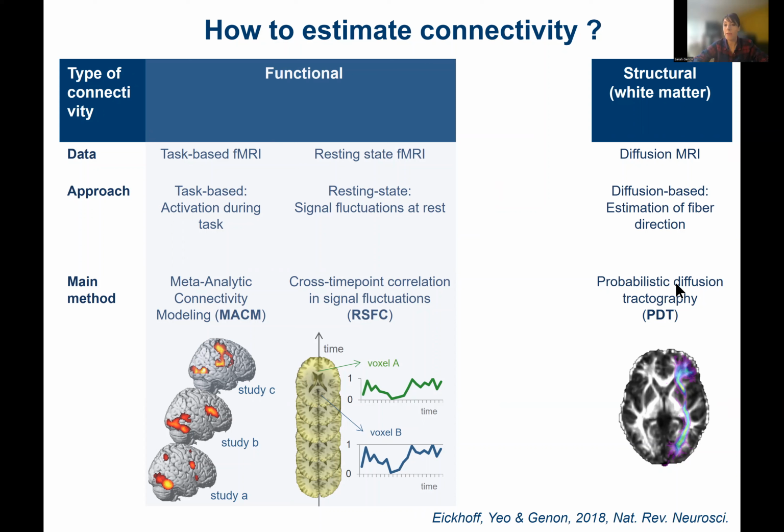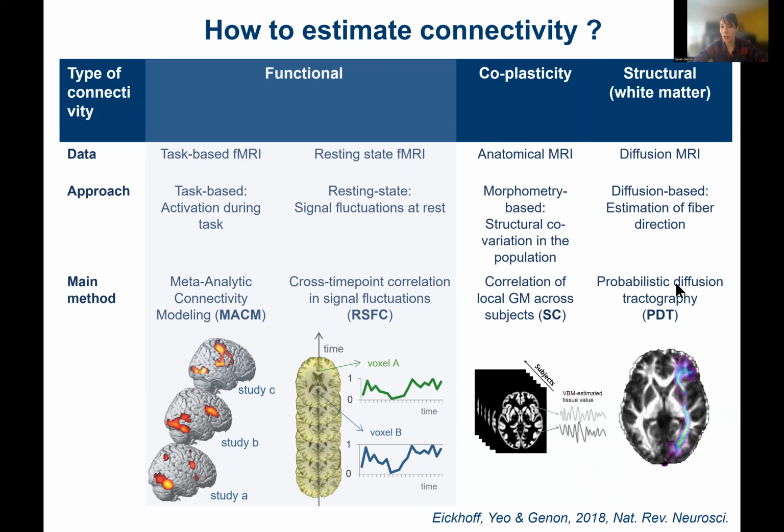But we also have more hybrid, I would say, connectivity features, such as structural covariance, which probes coplasticity between brain regions. So the idea is that regions that tend to be functionally coupled or that share some structural properties will show covariation in their morphology across a population sample. And this technique is known as structural covariance.